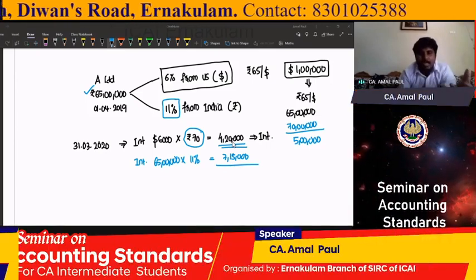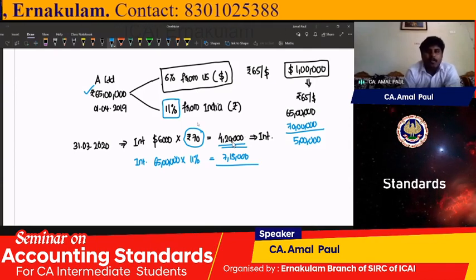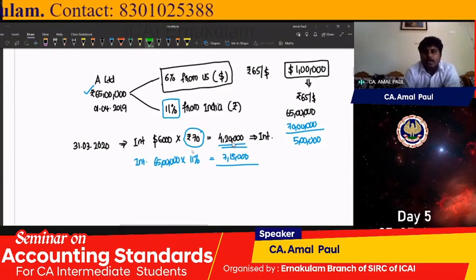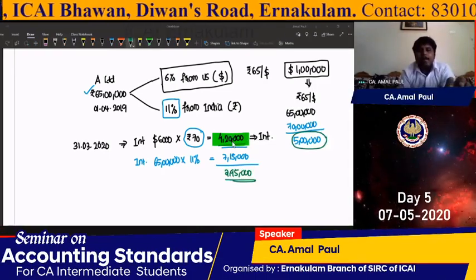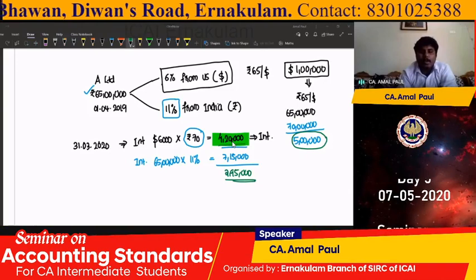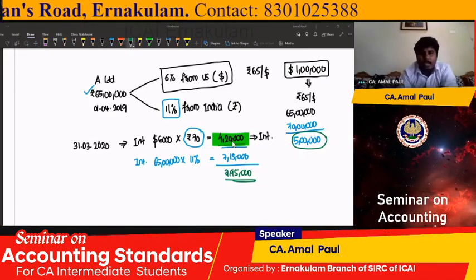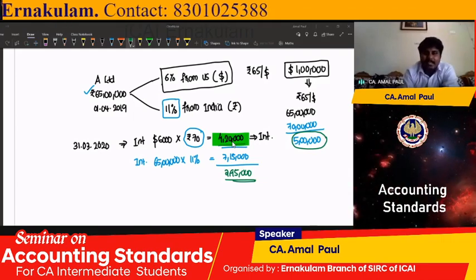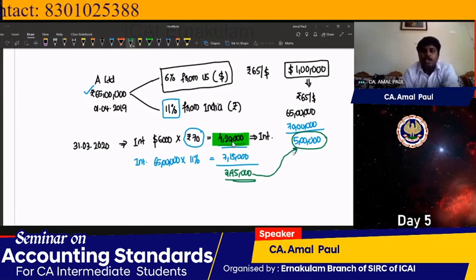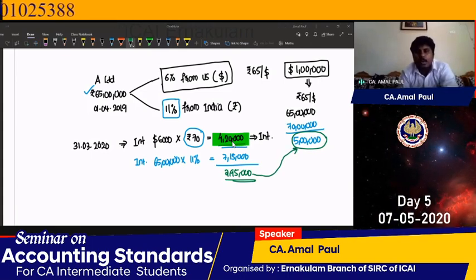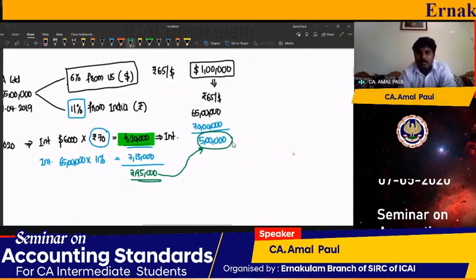But they had taken the loan from the US, so your interest cost is reduced to 4,20,000. By way of exchange difference in your P&L, you'll be taking 5 lakh additional expenditure. The standard states that to the extent of this interest savings, you have to consider it as borrowing cost. Only the balance you have to consider as exchange difference.